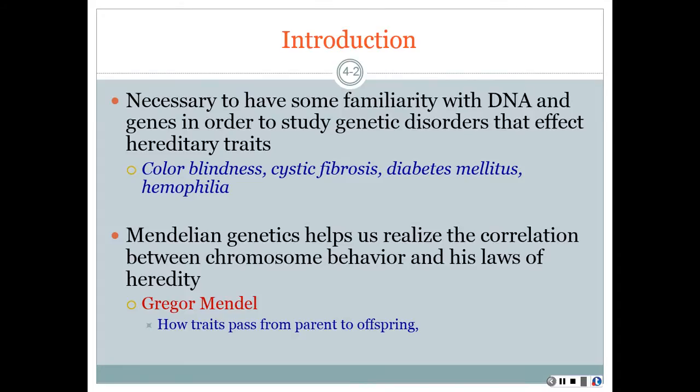If you do not remember, there is a scientist, an Austrian monk by the name of Gregor Mendel, who played a major role in our understanding of chromosomes and the relationship between chromosomes and behavior, as well as traits being passed on from parent to child. He is famous for his experiments on garden peas.